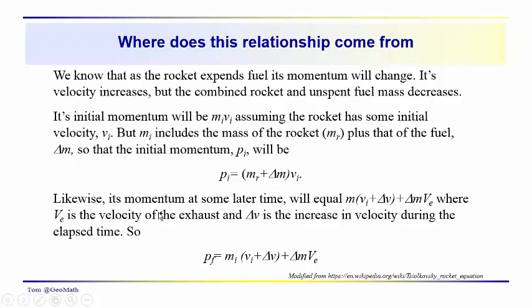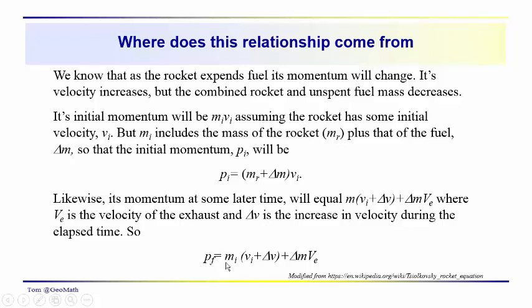And its momentum at some time later would be m times the initial velocity plus the change in velocity. We've been burning fuel, we've been pushing the rocket, we've changed the velocity, we've also changed the mass, and that mass is associated with exhaust from the rocket, associated with the burning of the fuel.